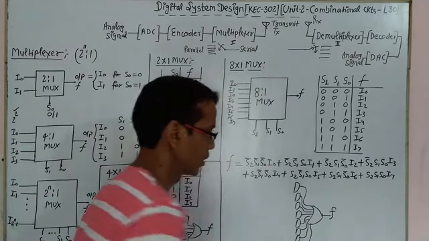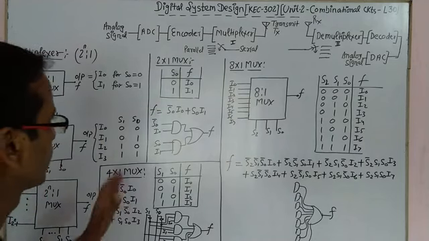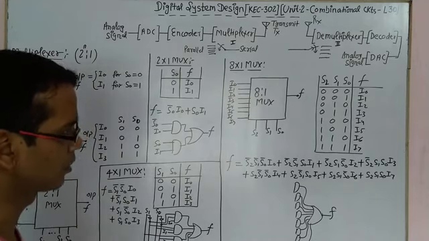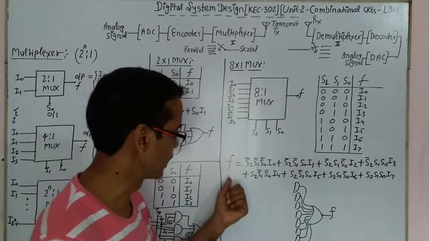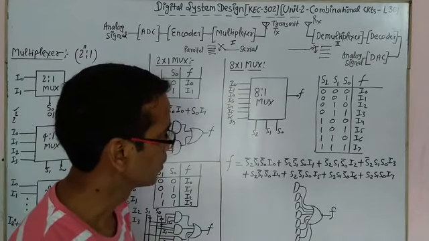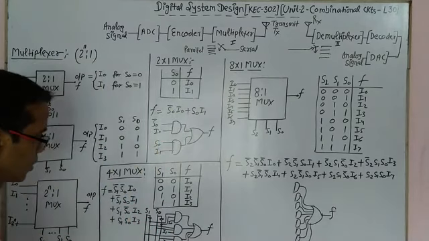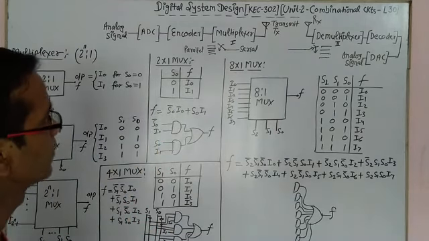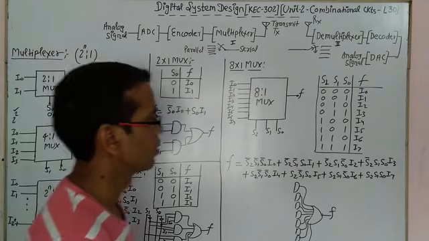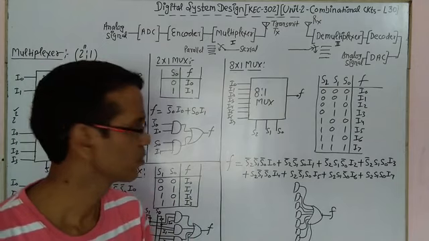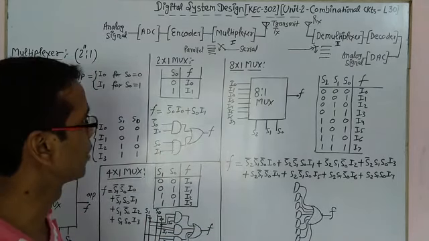In this way you can design this multiplexer. So now there is no doubt, and you can easily design the multiplexer. In this lecture we have discussed all these multiplexers.